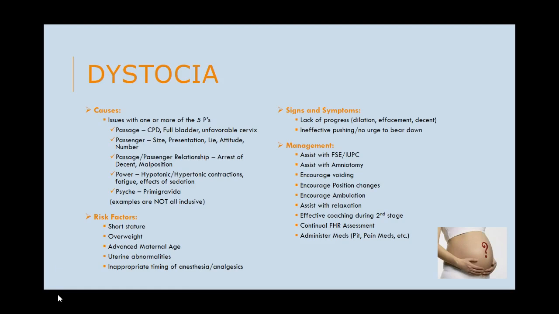So if we've got a nice full bladder, it leaves a lot less room for the baby to descend. And then an unfavorable cervix. And what this means is that we have a cervix that is not really ripe enough to lend itself to dilation or effacement.